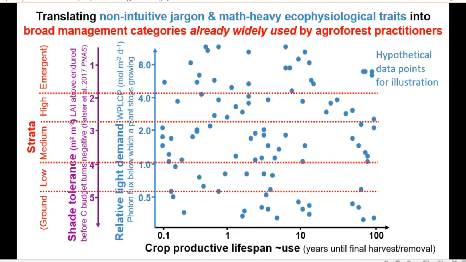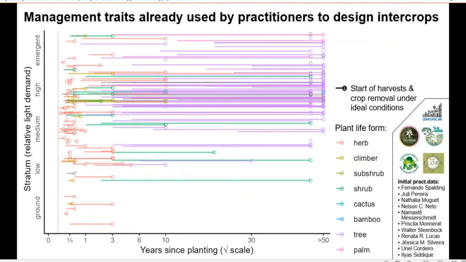So we classify into, for example, low, medium, high, and emergent strata, which represents an increasing level of relative light demand of the species. And then we can see the spread of species across that gradient. So probably they are more overcrowded at the top. So more species are more light demanding than shade tolerant. Probably. Well, let's have a look at initial data.